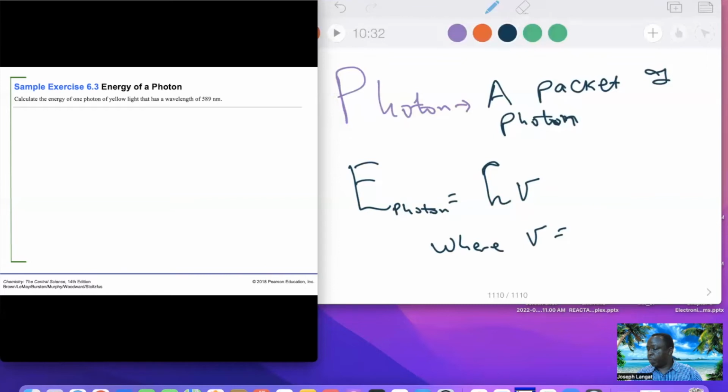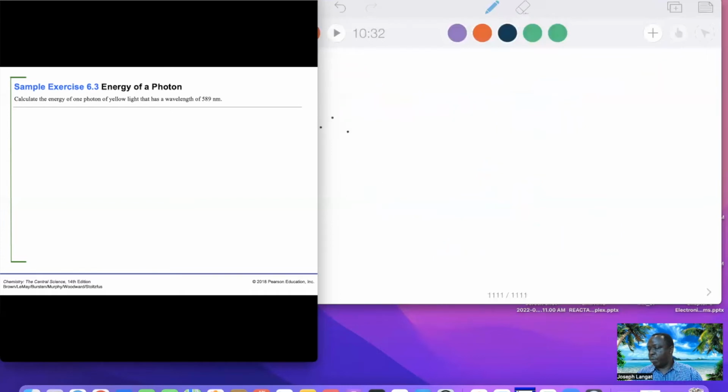Frequency is given by the speed of light over the wavelength, which means E of a photon equals h times c over the wavelength, because c over the wavelength is frequency.